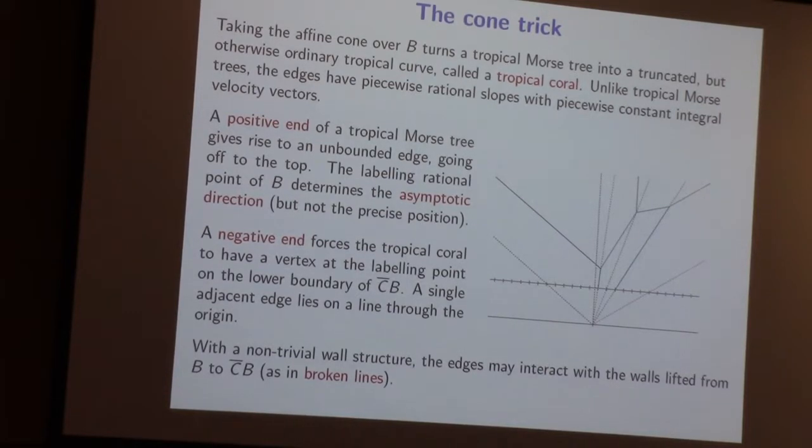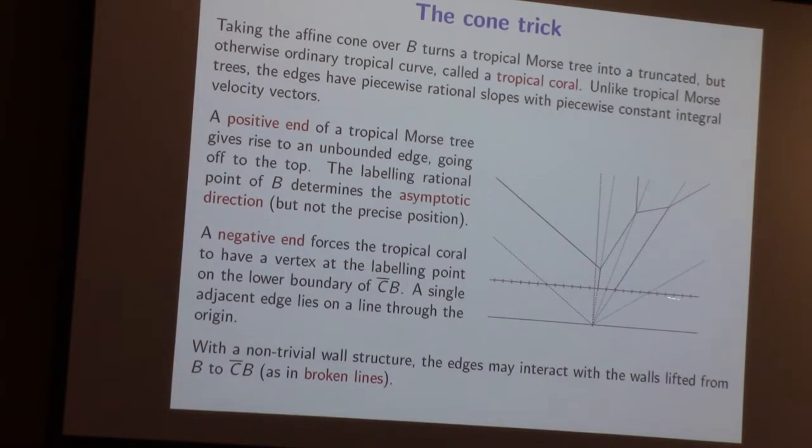Okay. So this has two kinds of ends. We have positive ends, which I just discussed, and they give you the asymptotic directions, like indicated here, or this one would be this asymptotic direction, and so on, right? But you could parallel transport, and they would project to the same, or tend to the same endpoint. And then we have negative ends. These are the ones that attach to the lower boundary.